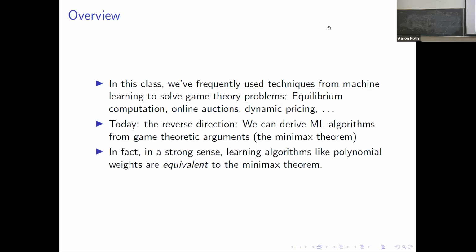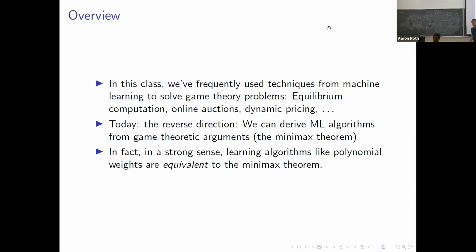In fact, there's a strong sense in which learning algorithms like the polynomial weights algorithm are actually equivalent to the minimax theorem. What we did in this course is first derive the polynomial weights algorithm and use it to prove the minimax theorem. But we could have done the reverse.